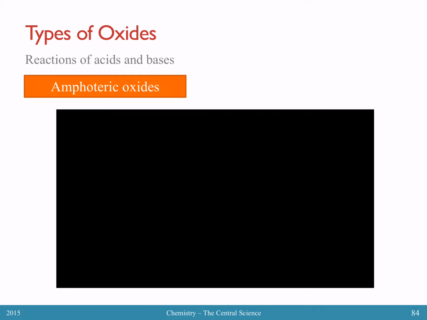Okay, so here's a video. Now, you are to predict what will happen when zinc oxide is placed in a solution of HCl and in a solution of NaOH, both with universal indicator. First, predict the initial color.